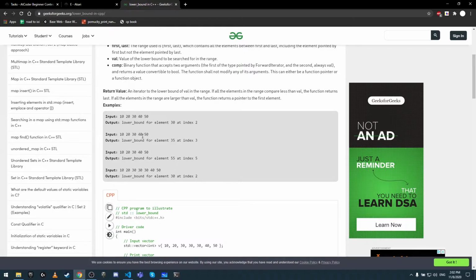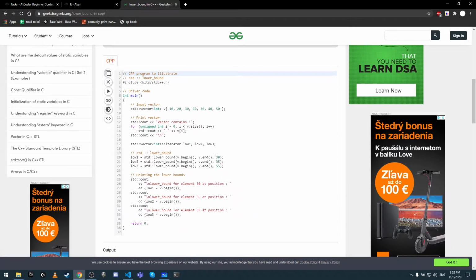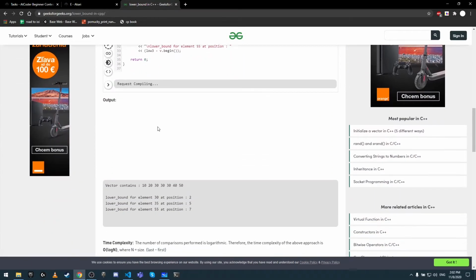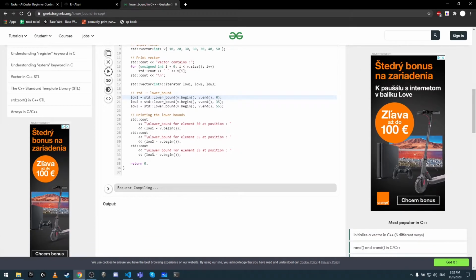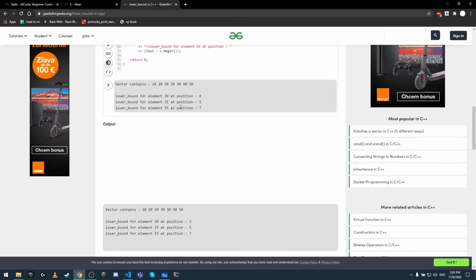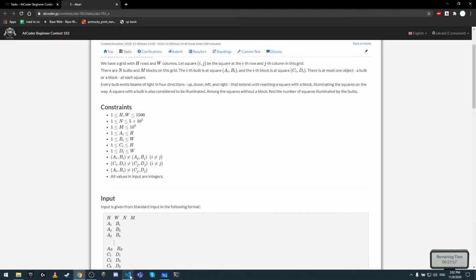This will give it a bigger index, right? What if we search for 0? Run. Really 0. Okay, that's funny.